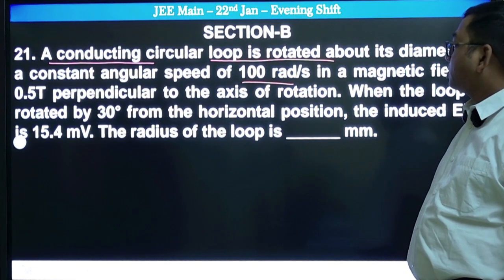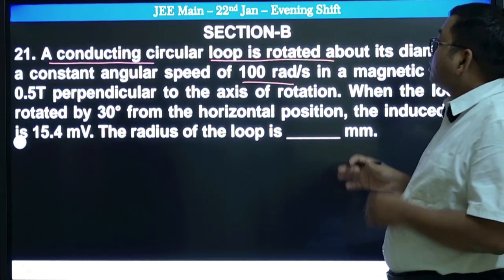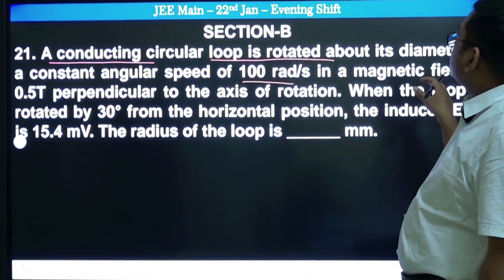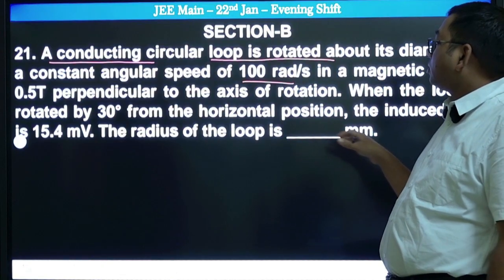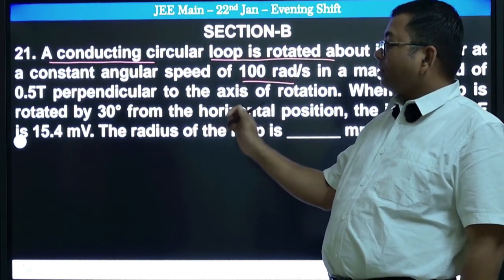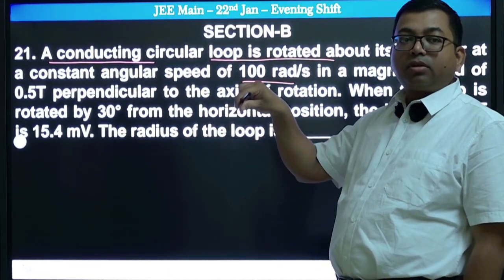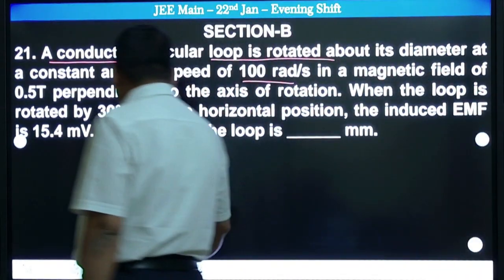The radius of the loop is, first you need to understand the direction of the magnetic field and the area vector, right? So a conducting circular loop rotated about its diameter in a magnetic field perpendicular to the axis of rotation. Both are perpendicular to each other.